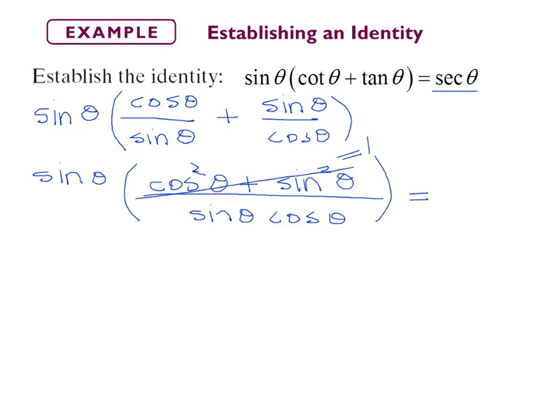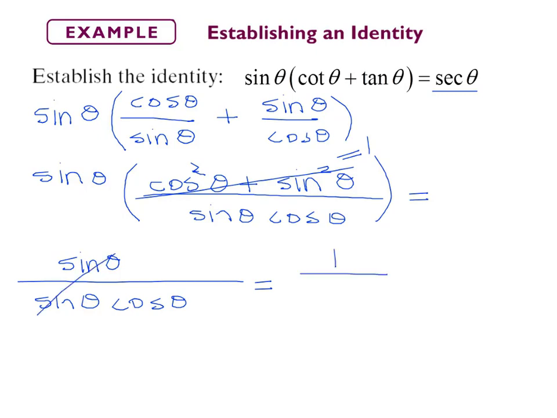So I now have sine theta times 1, obviously, over sine theta cosine theta. Now what? So I can cancel the sines, exactly. So I end up with 1 over cosine theta. And what is 1 over cosine theta equal to? Secant theta. Look, that's what I was supposed to show.